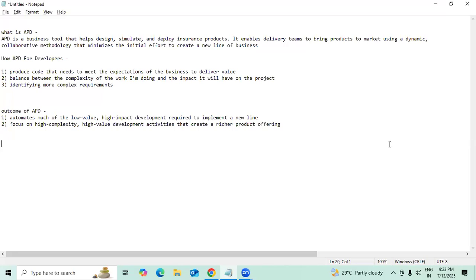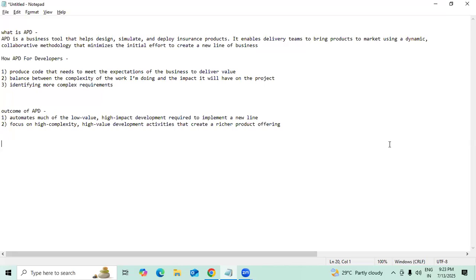At the same time, as a developer, we should understand and maintain the balance between the complexity of the work that we are doing and the kind of impact it shows on the project, because the impact on the project is interconnected with the complexity of the work we are performing, to meet the customer requirements and demands, including identifying any complex requirements in place.